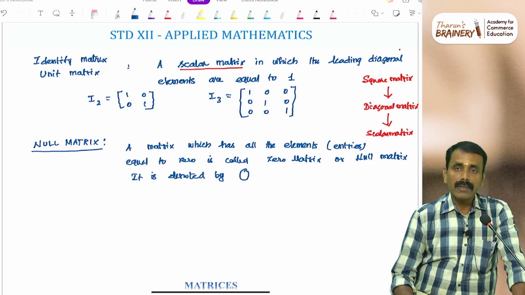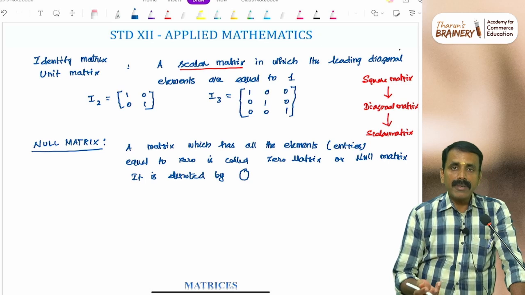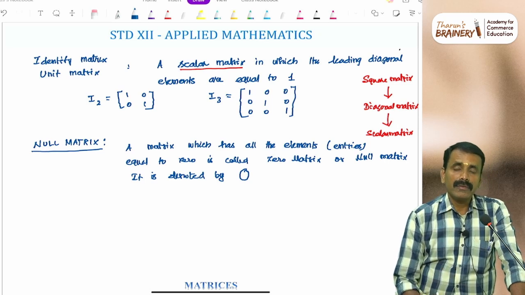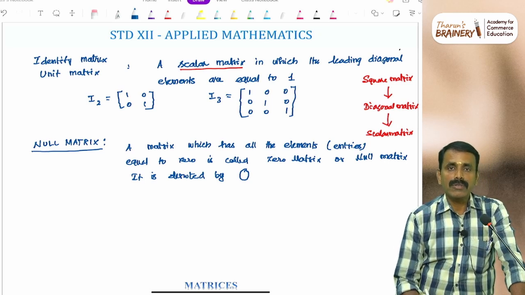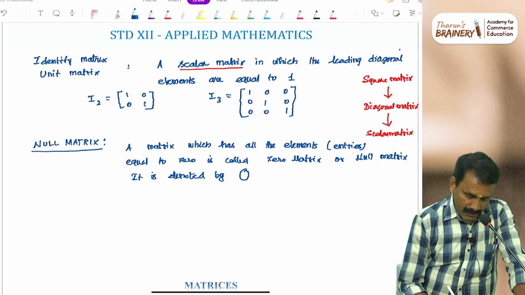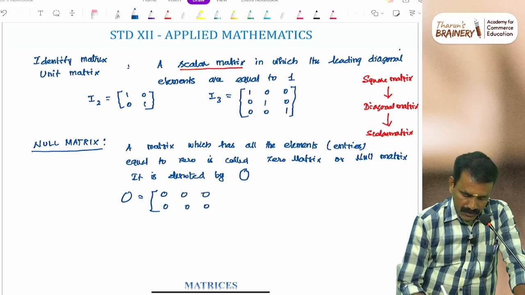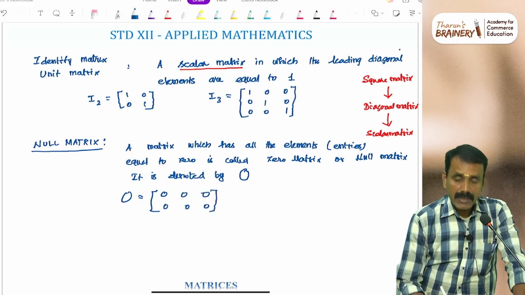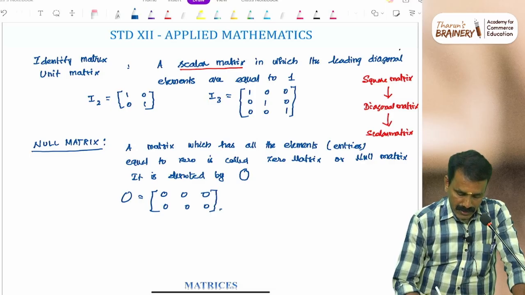Is it clear? It need not be a square matrix. It can be of any order. Okay. So we write O is equal to 0, 0, 0, 0, 0, 0. This is going to have 2 rows and 3 columns. So this is 2 by 3.